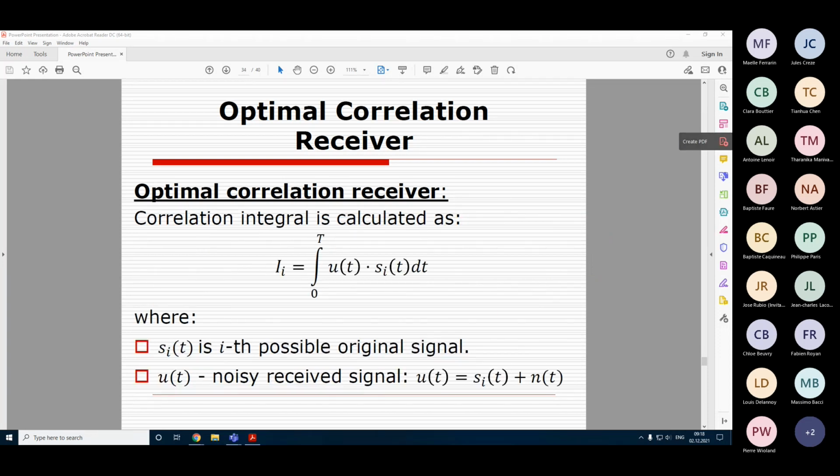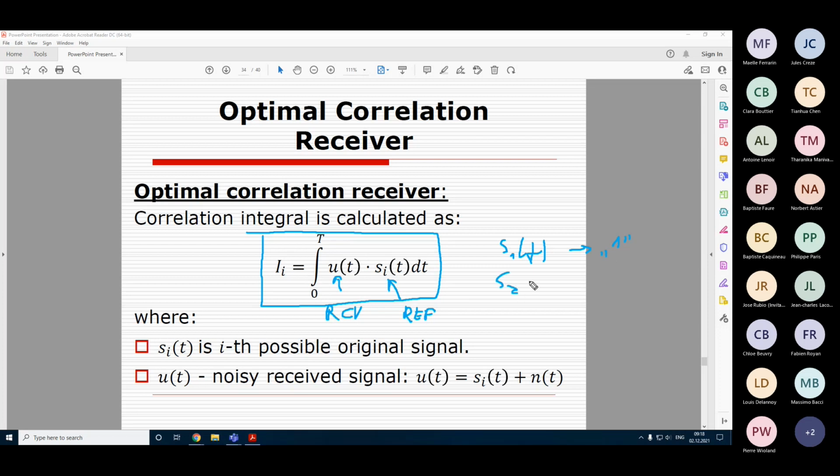So what we need to do is calculate this correlation integral for the received signal and for each reference signal. We are now having binary shift keying, so that means we have two signals. One signal S1 for symbol 1, and one signal S2 for symbol 0.